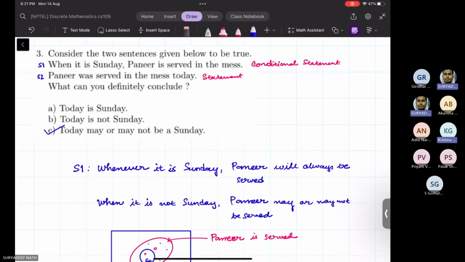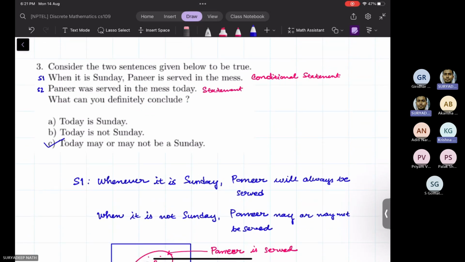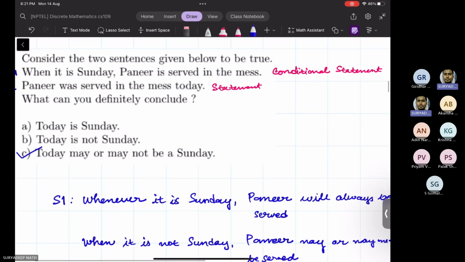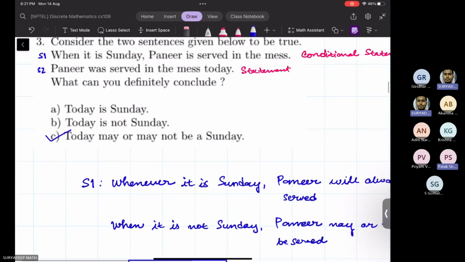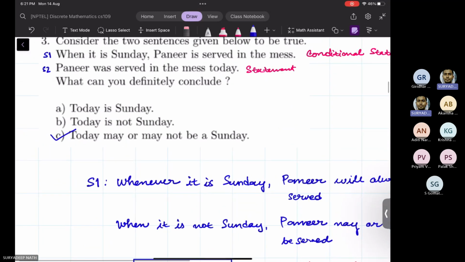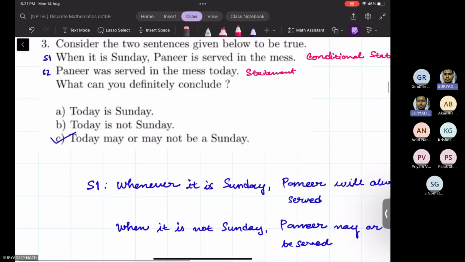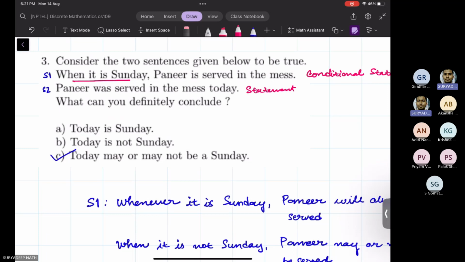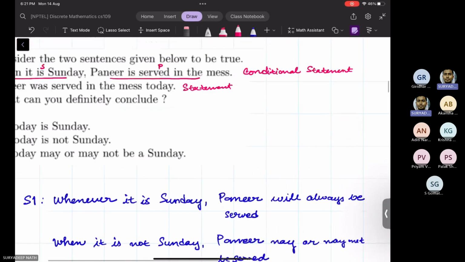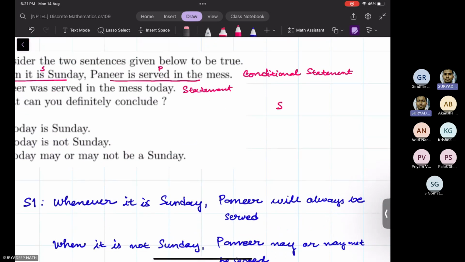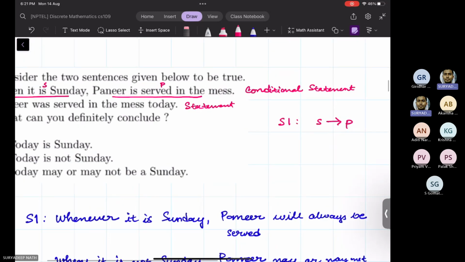Okay, then, we can use a truth table also, right? I mean, this is A implies B. So, like you said, if it is Sunday, let's call this part S, and paneer is served in the mess, this part is P. So basically, statement one is S implies P, and statement 2 says that P is true.